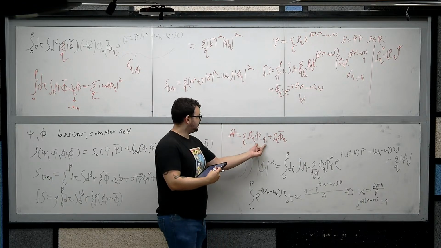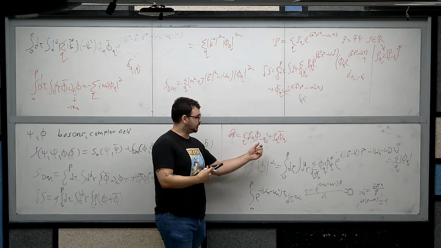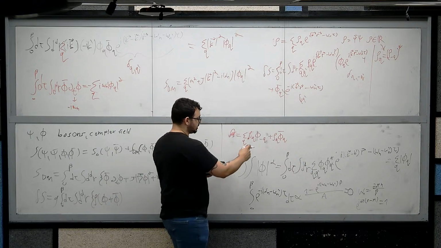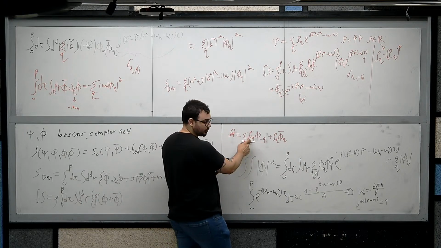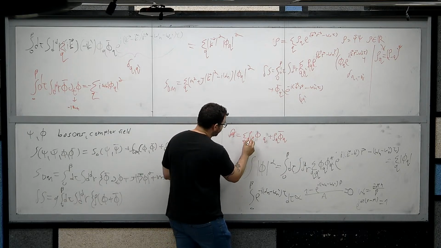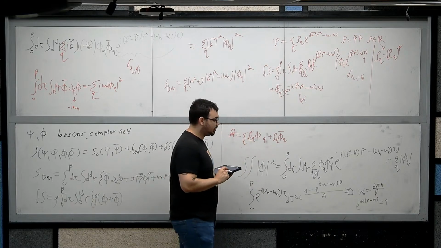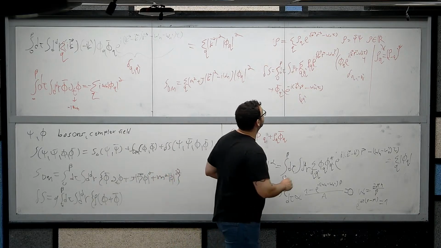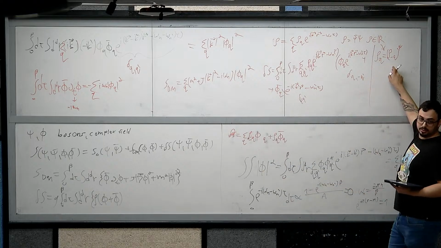Now I'm going to flip the counting order in the first term. That means I'm going to take the minus from here and move it to this one. Minus, right? And then I'm going to use the rule that I wrote here, right?